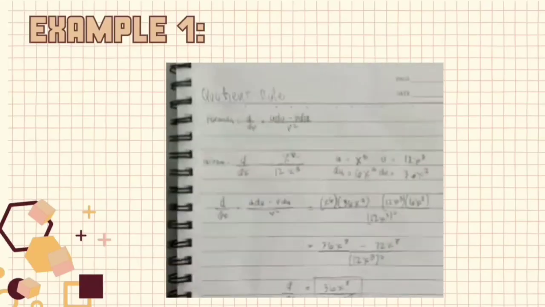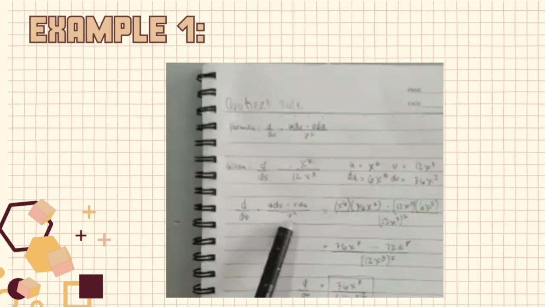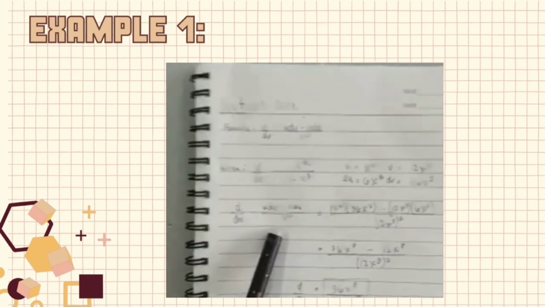Find the derivative of x raised to 6 over 12x cubed. Formula is v du minus u dv over v squared.